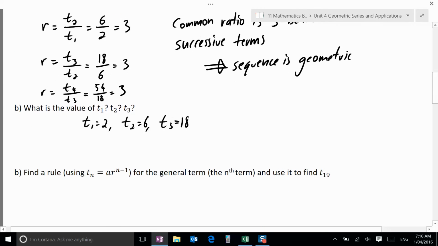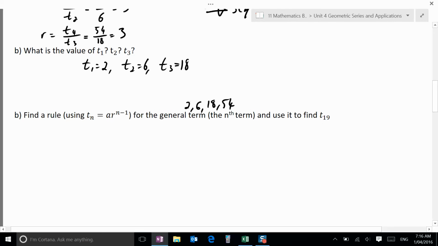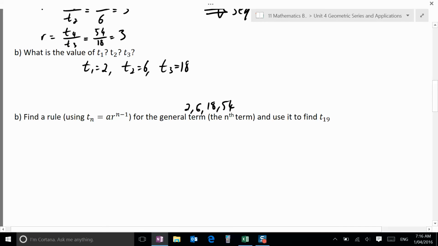So our sequence is, remember, 2, 6, 18, 54. It says find a rule, using the general rule for the general term, which is the nth term, and use it to find T19, the 19th term. To find this general rule, I need two things: I need to find A, and I need to find R. I can find A pretty easily.